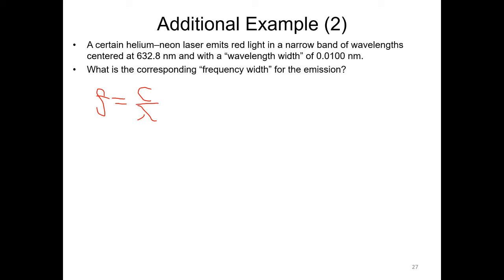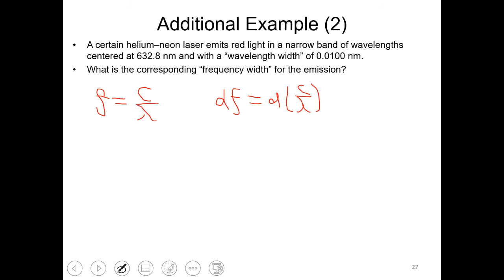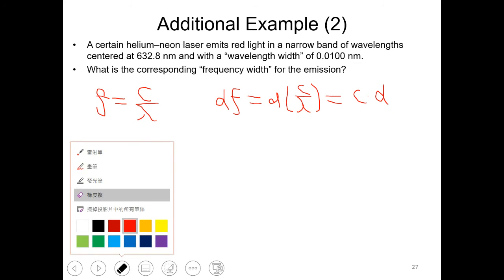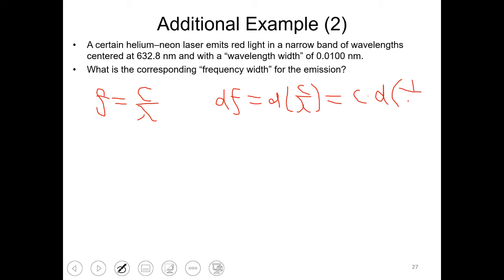We have df equals d of c over lambda, and since c is a constant, it is c times d of 1 over lambda.